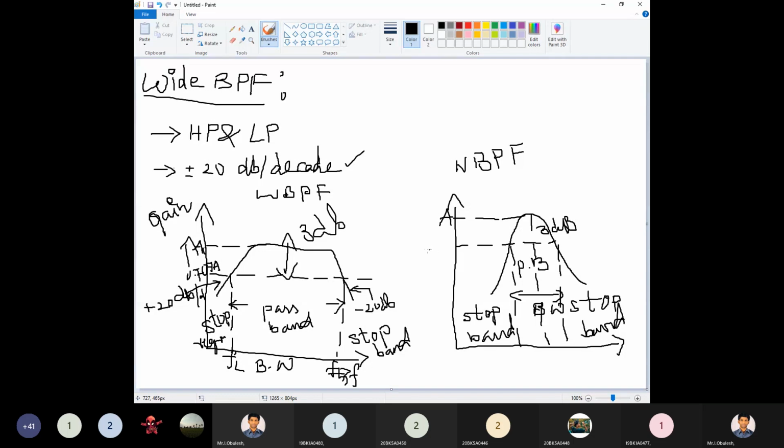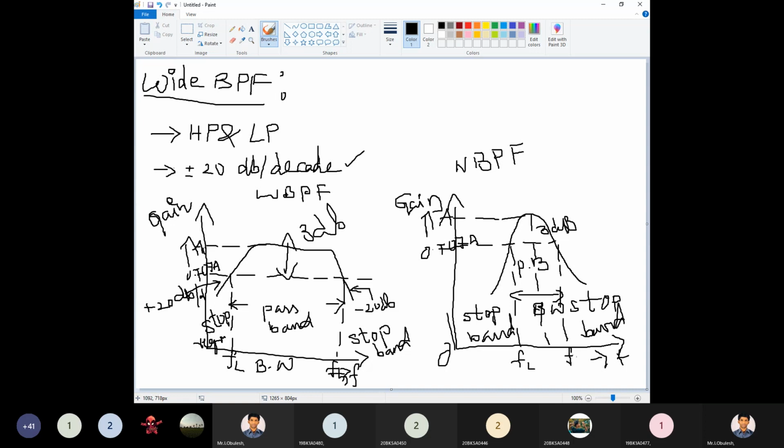This is the A. This is the 0.707. In this direction, or on the x-axis, you need to take frequency, and on the y-axis you need to take gain. This is FL.